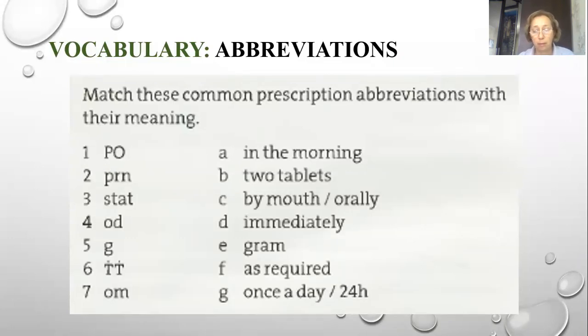Like it is taken by mouth, orally, ma'am. Yes, per os. Os just means mouth. So let us take 3 minutes. You look through these abbreviations and match them with their definitions individually, please.